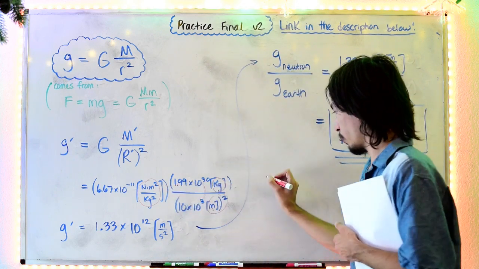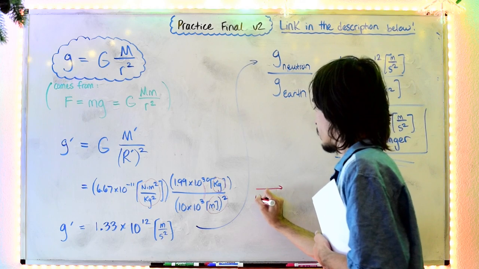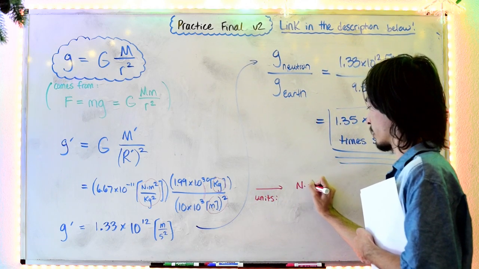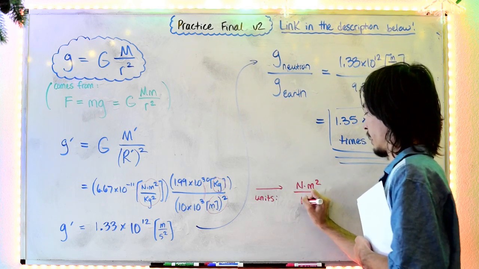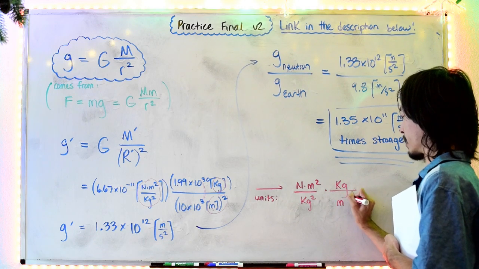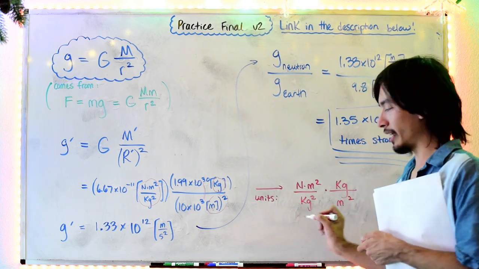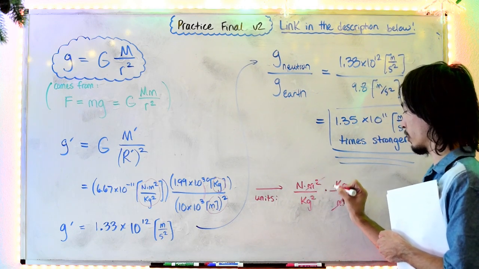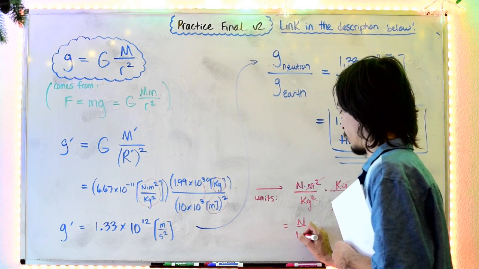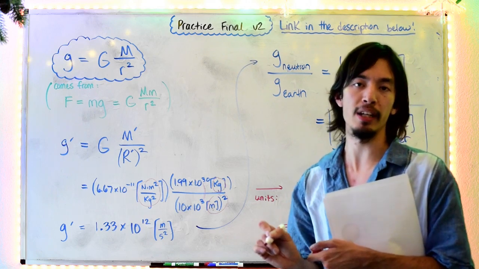If you write those out, in this dimensional analysis, the units end up being newtons meters squared per kilogram squared times kilograms over meters squared. After canceling the meters squared and getting rid of one of your kilograms, the units you get are actually newtons per kilogram by default.